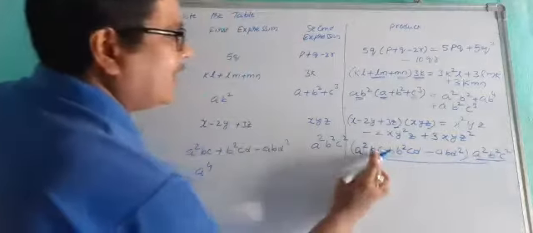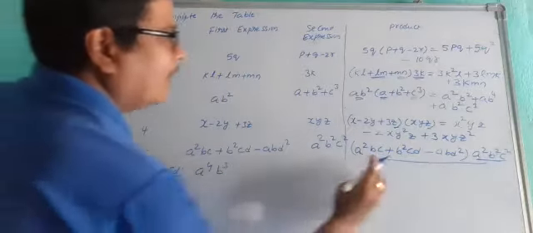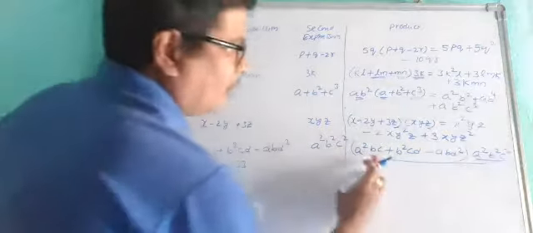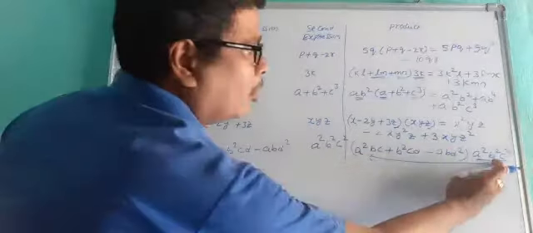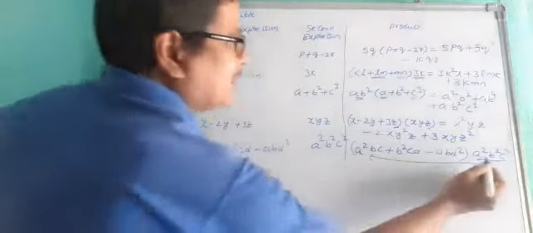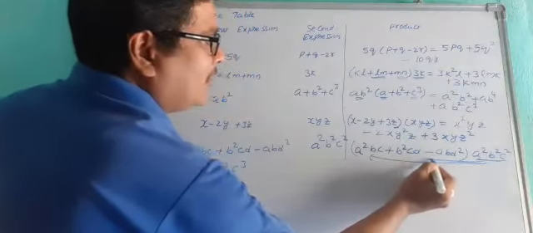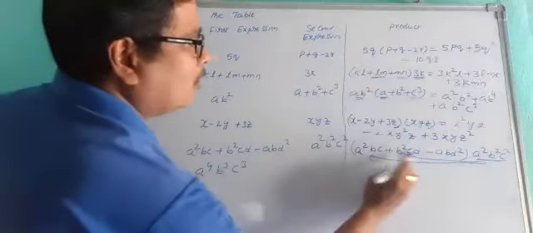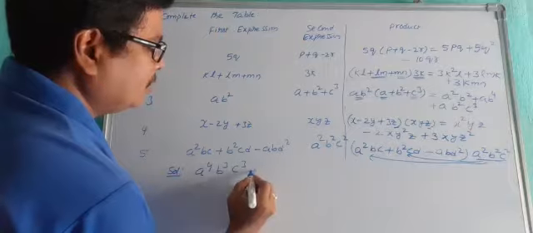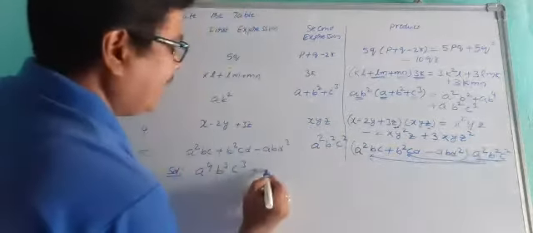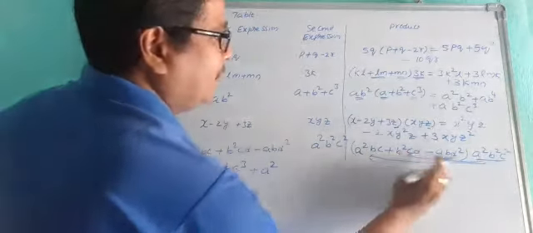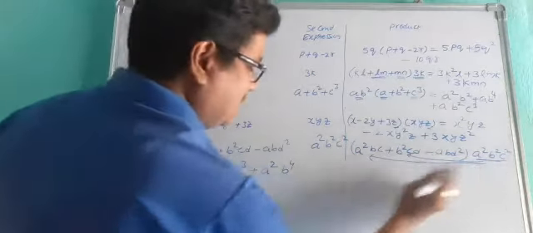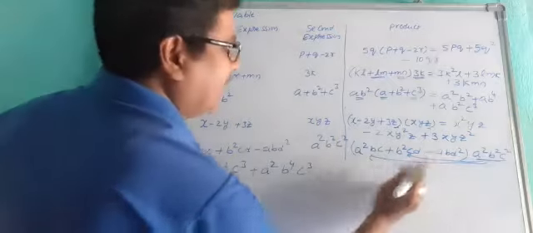Next, b square into b, b cube, and c into c square, c cube. So first term of the trinomial into monomial is over. Next, second term of the trinomial with this monomial. a square, positive quantity into positive quantity, positive. a square, b square into b square, b power 4, c into c square, c cube, and d.